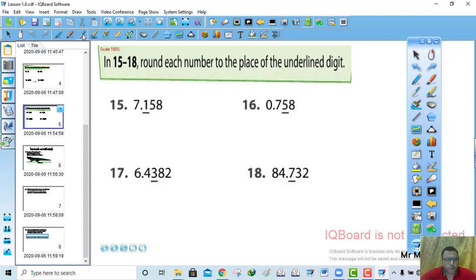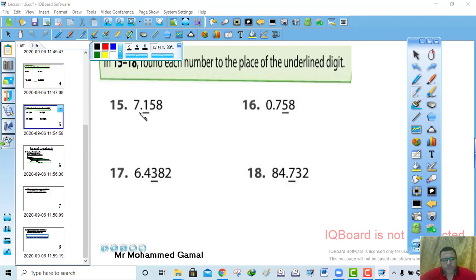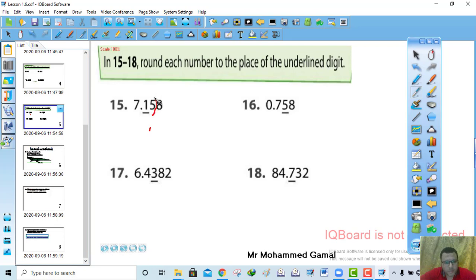So we are going to make it 7.1 or 7.2, because it's to the tens digit. It depends on the number beside the tens digit, which is 5. Since 5 is a strong number, we should add 1. So the answer here is 7 and 2 tenths.